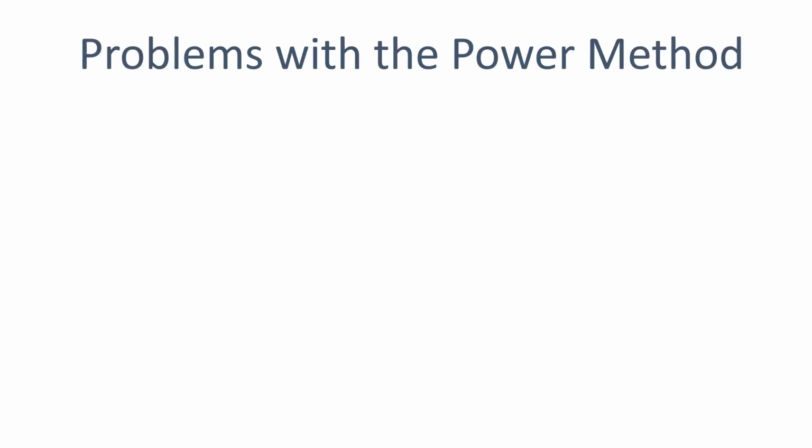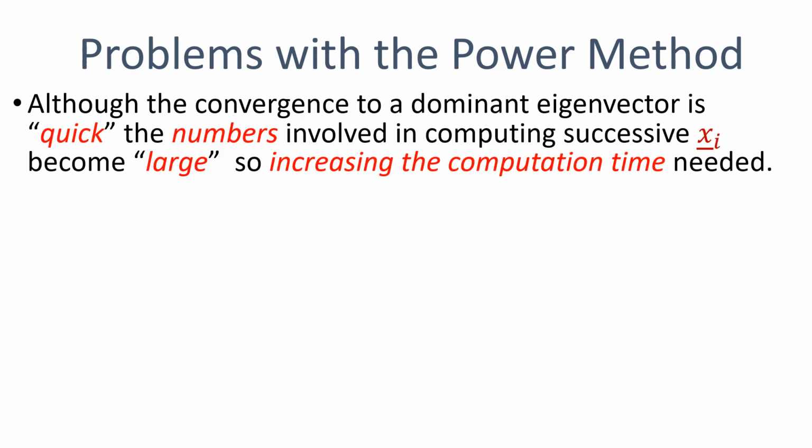Now there are some problems with the power method. These aren't concerned with how quickly it converges towards a dominant eigenvector. The problem is that very quickly, after half a dozen iterations, the numbers that we are using become extremely large.